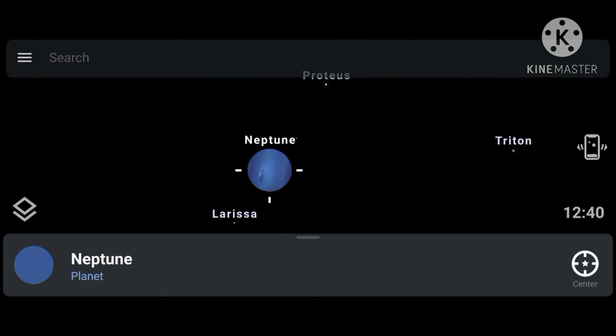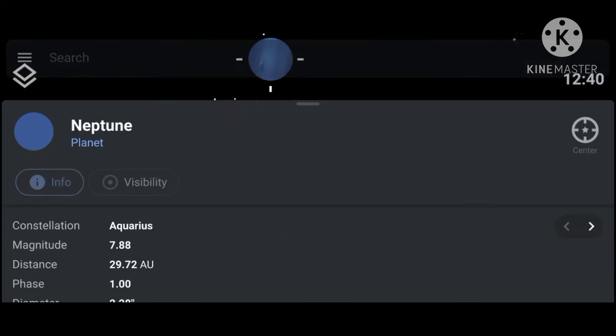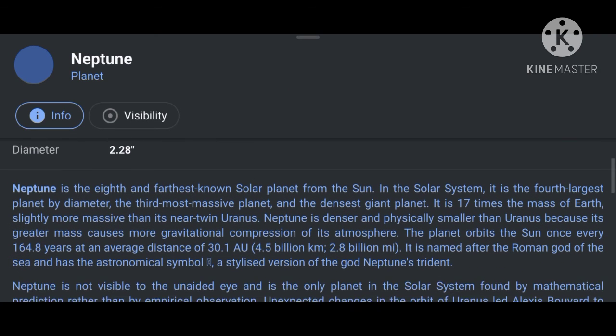Some of its moons are Proteus, Triton, and Larissa, and we can view some information about it. Neptune is the 8th and farthest known planet from the Sun. It is the 4th largest planet by diameter, the 3rd most massive planet, and the densest giant planet. Among the Jovian planets, it is also the smallest of all the gas giants.